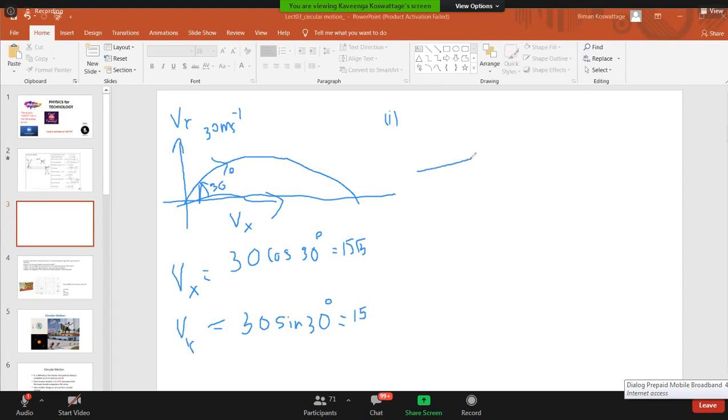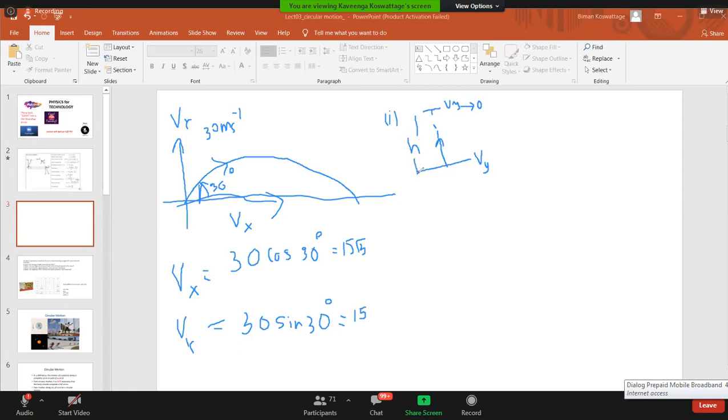It starts with Vy and then moves, and then Vy becomes 0. At this level, you have the maximum height.